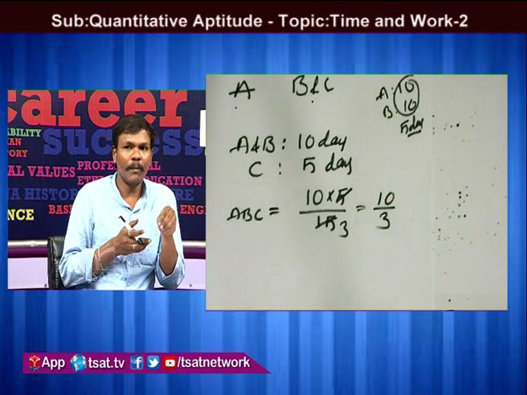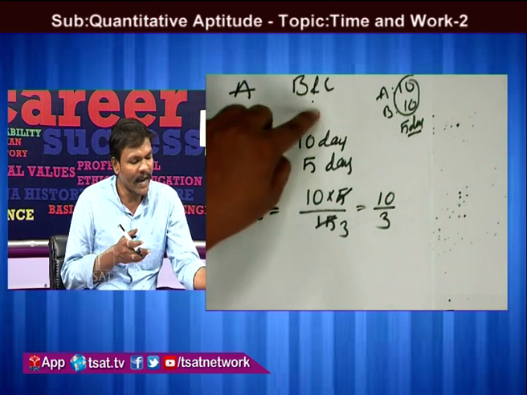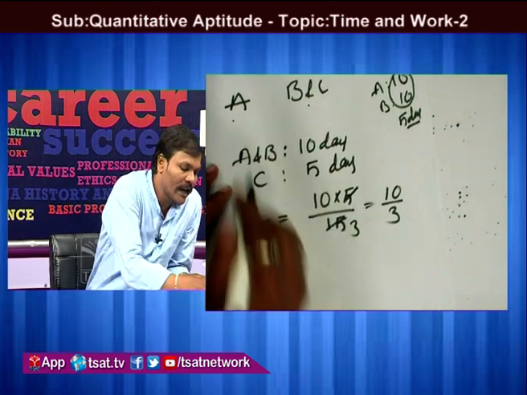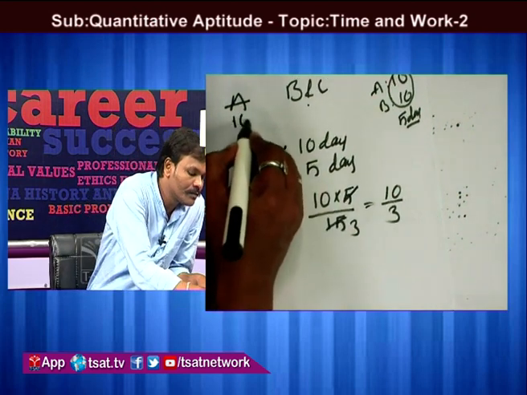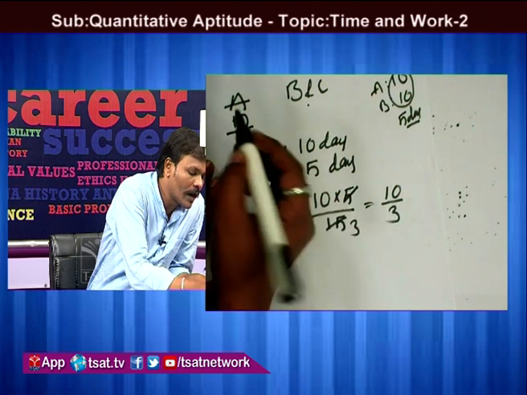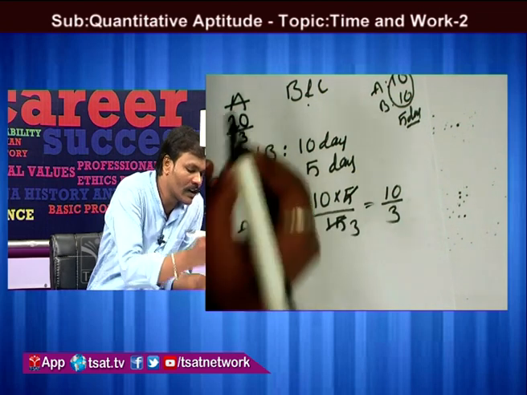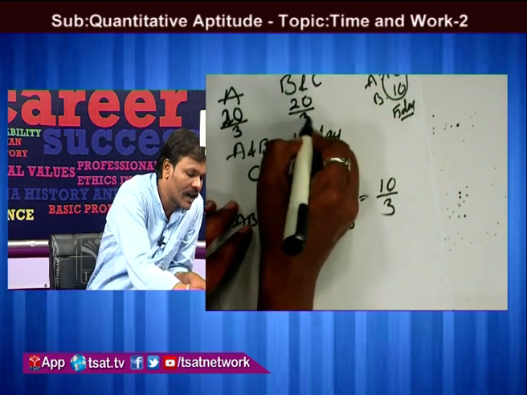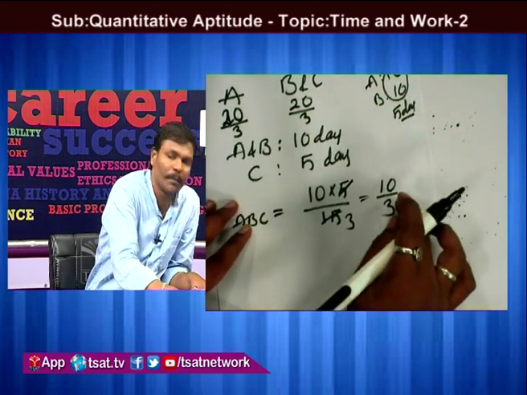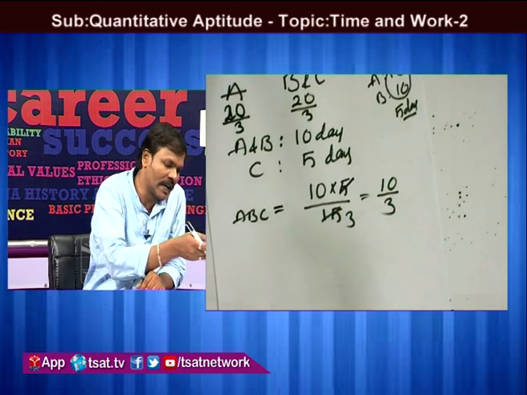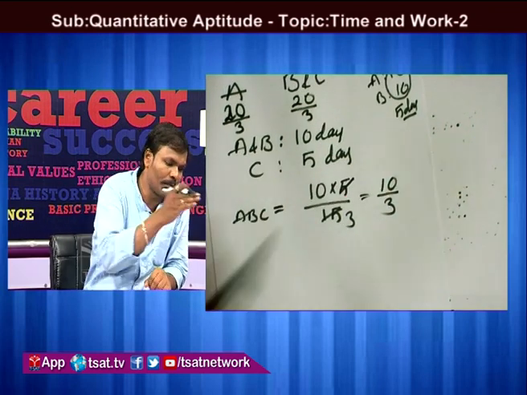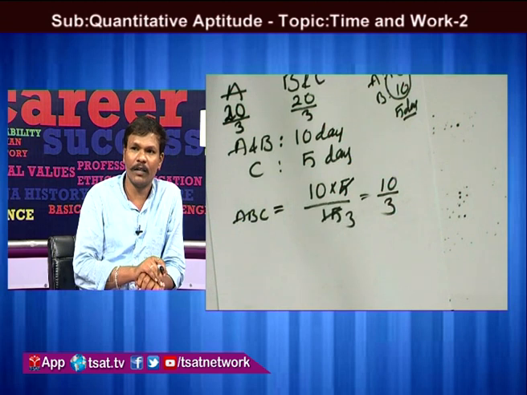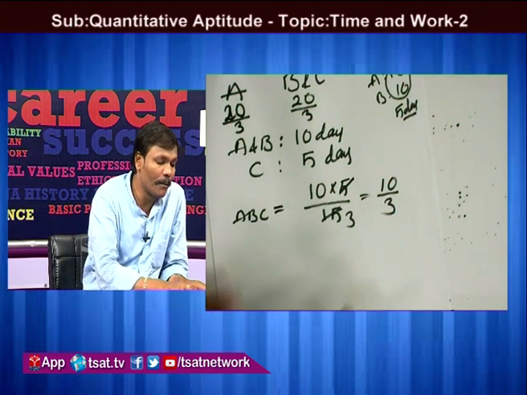The work will be completed separately. A, B and C equal value, that means A completes the work in 10 by 3, that means 20 by 3. It is also 20 by 3 because these values are half of the time, 10 by 3. So, A separately is 20 by 3, and B and C together is 20 by 3. Which value do we need? We need B alone.